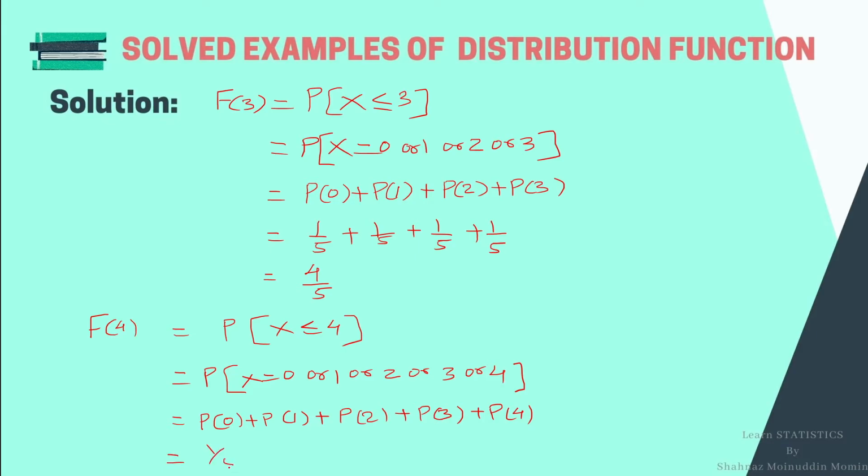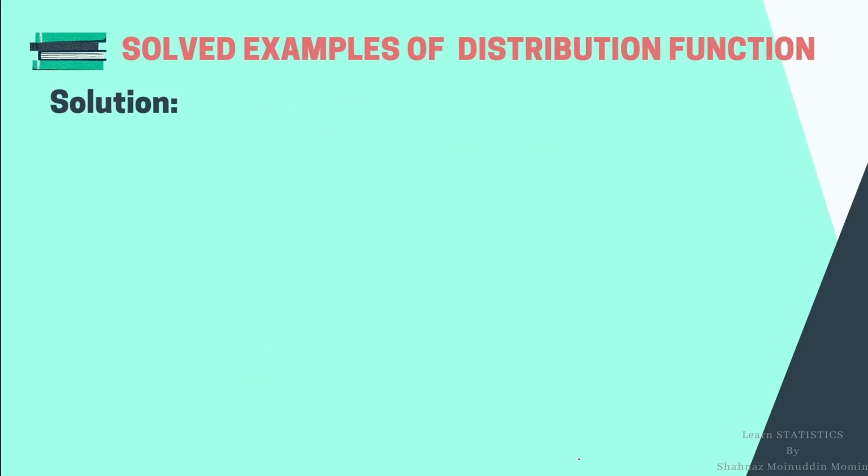By substituting all values, we obtain, since the probabilities are the same for all the values, F4 is equal to 5 upon 5, which is 1.